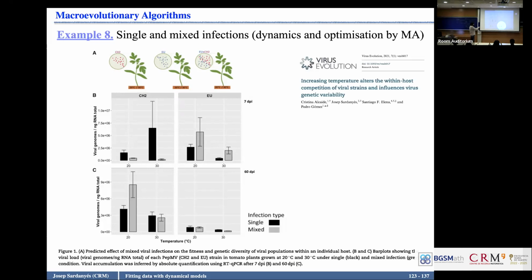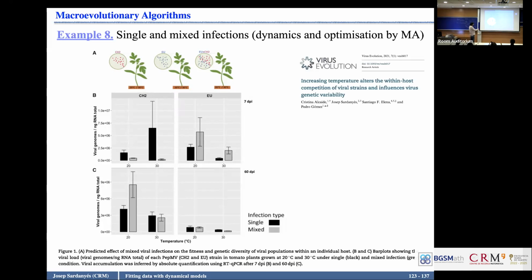This is data at 7 DPI, days post-infection. So this is time, 1 week, and 60 days post-infection. So this is CH2 in black for single infection at 7 days after starting the experiment and 60 days.